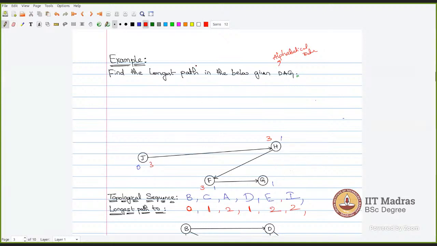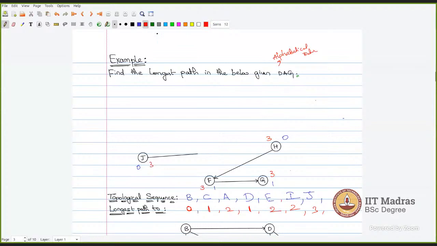So this is how we update the longest path for every vertex. Now this became 3. Now we remove J, along with this edge. So add J to the topological sequence. The longest path to J will be 3. Now what happens to the in-degree of H? If you update, this will become 0.